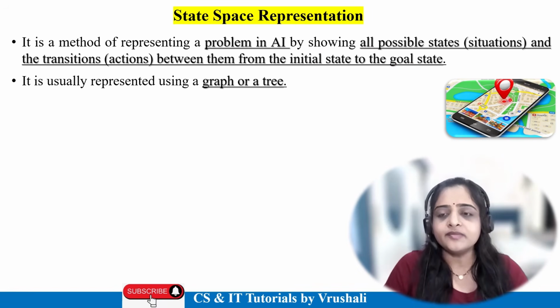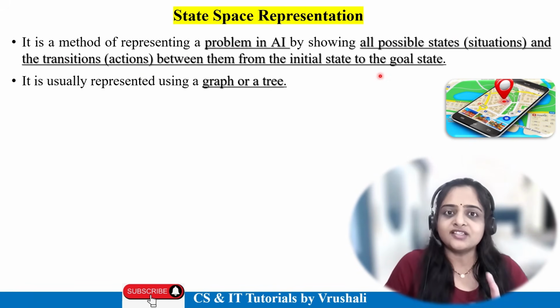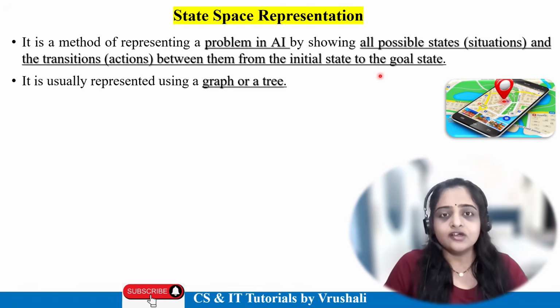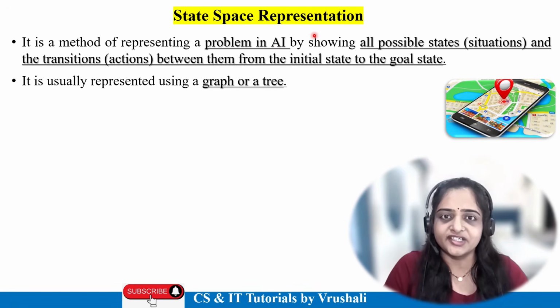At that time, the Google Map agent finds all possible paths, like all possible states and all possible actions, like left, right, straight. And by analyzing all those things, it finds the shortest path for the user. Got it? So this is called state space representation.